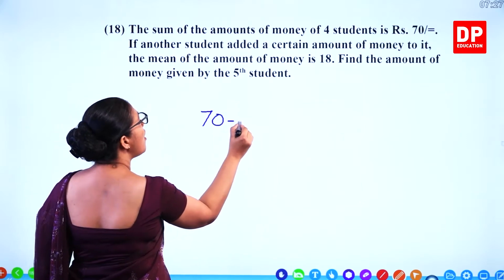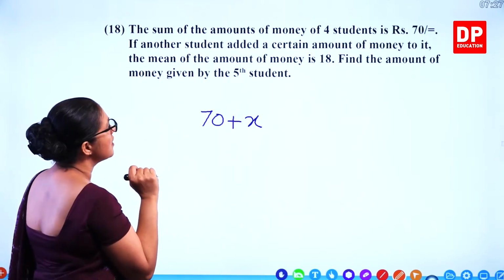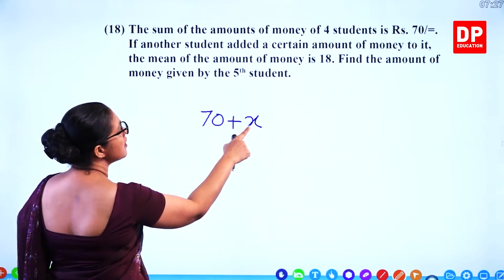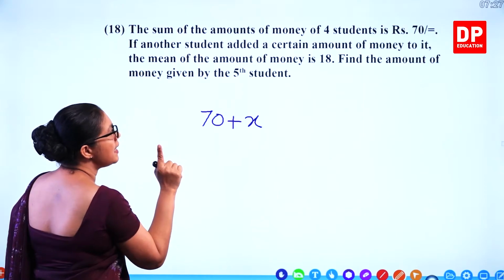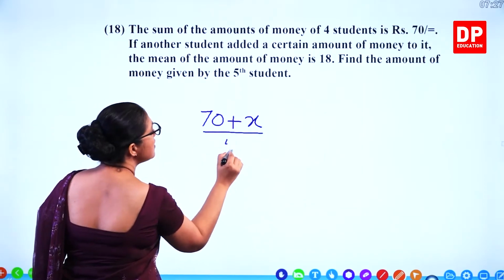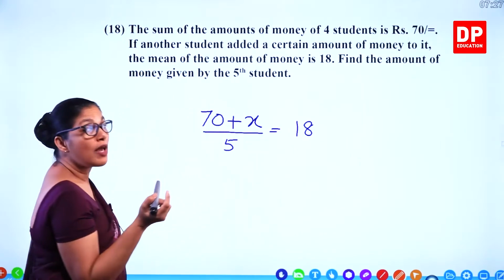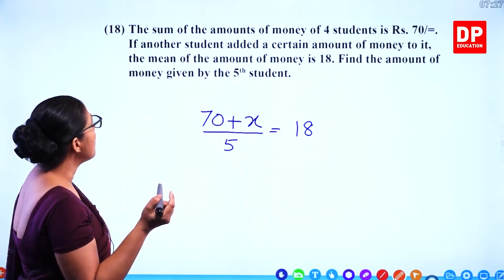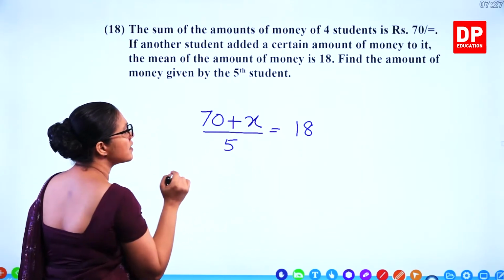We'll take the amount added as X, the 5th student's amount. When you take all together and divide by 5, you get the mean, 18. That's how you calculate the mean. To find the amount given by the 5th student, you have to find the X value.